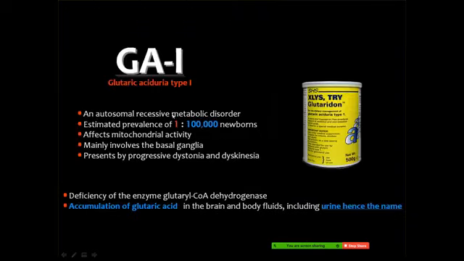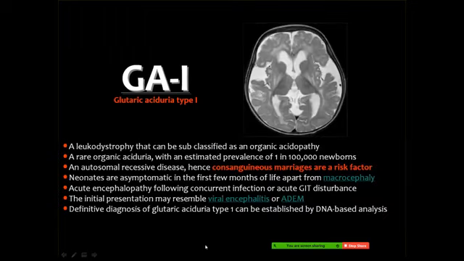This is an autosomal recessive disease and it affects the mitochondrial activity, leading to accumulation of glutaric acid in the brain and the body fluids, including urine, and that's why the name of the disease.